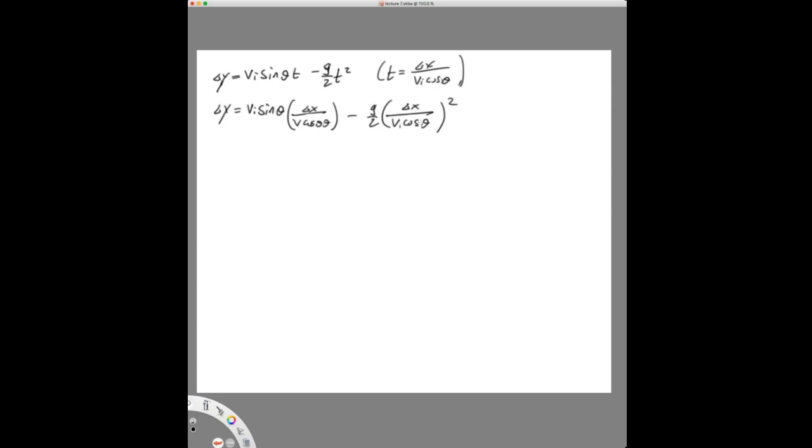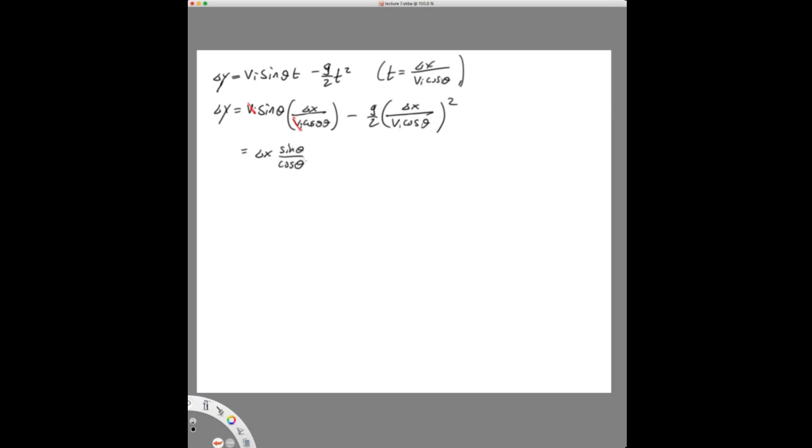Okay, so what happens when we try to simplify this? Well, the first thing I would say is that the VI's cancel out on this first piece. The second thing is that we have a sine of theta over cosine of theta.